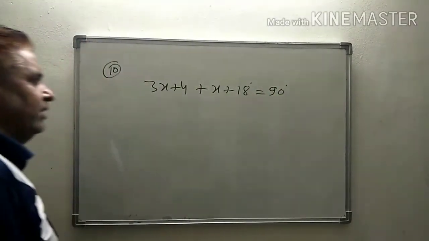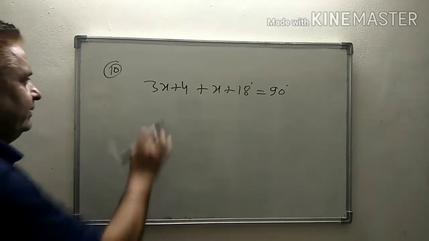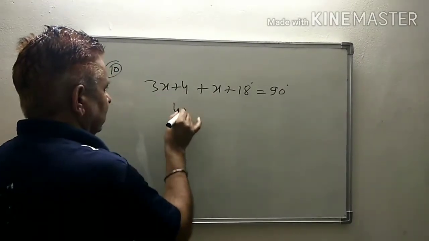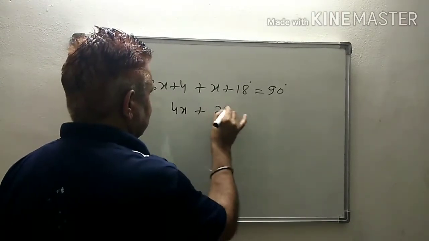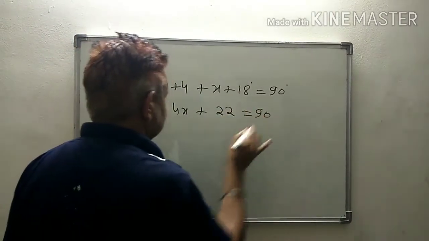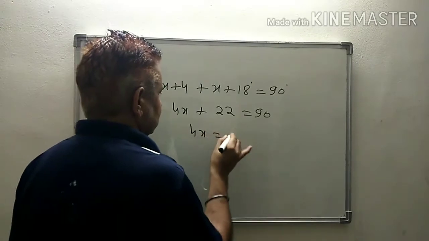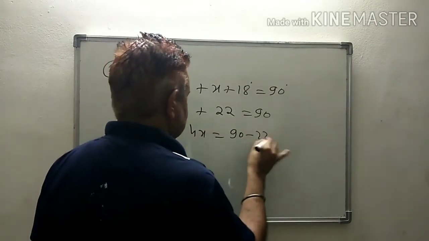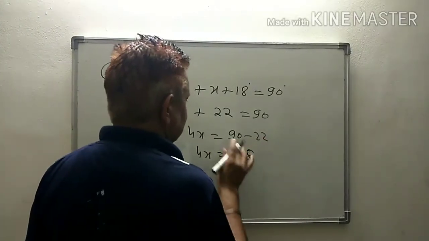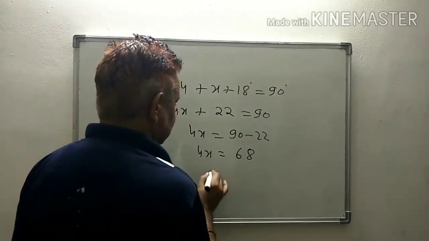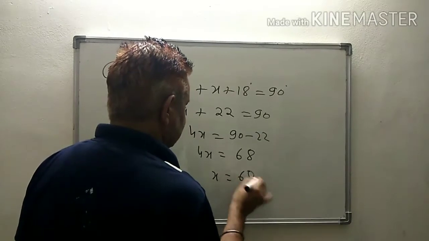You know the sum of two complementary angles is always 90 degrees. 3x plus x is 4x, 18 plus 4 is 22, equals 90. 4x equals 90 minus 22, which is 68. x equals 68 upon 4.